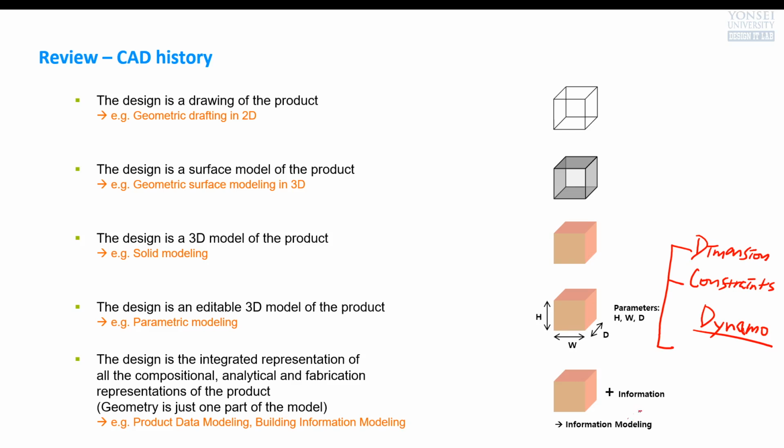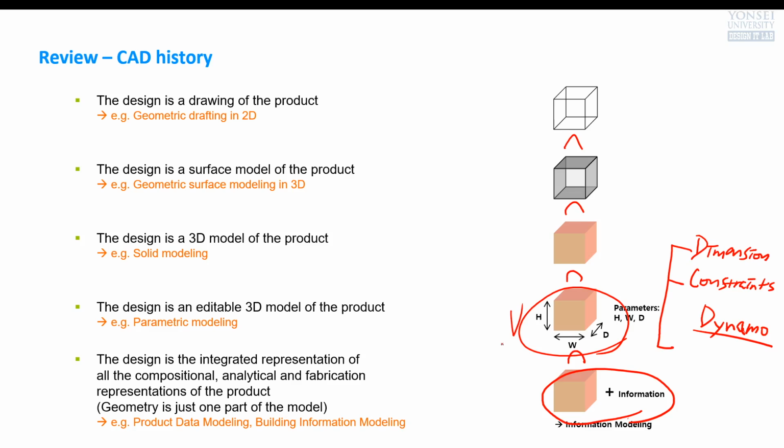So this BIM approach, the most cutting-edge approach, includes parametric modeling, solid modeling, surface modeling, and very conventional 2D modeling. All components are a subset of the building information modeling approach. That is why one of the important parts of BIM is parametric modeling.